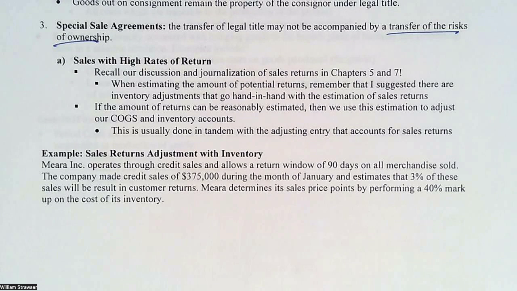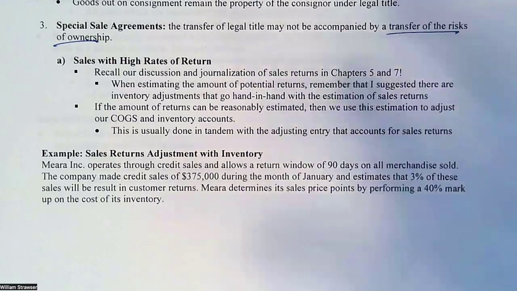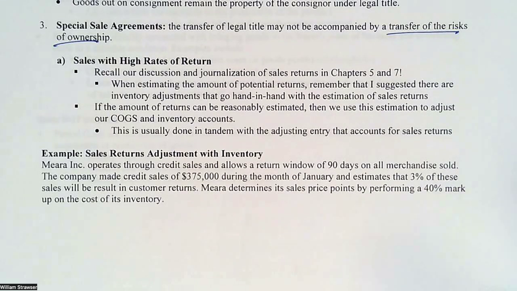And accounts receivable, how to record a debit to sales returns, a credit to the allowance for sales returns, or a debit to sales returns, a credit to accounts receivable. When we are selling inventory on credit, then we are going to need to also adjust cost of goods sold and inventory on those items.